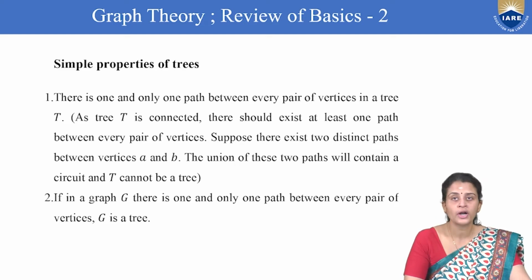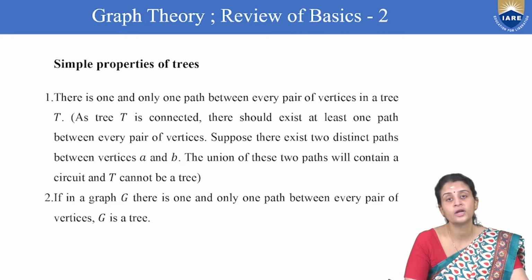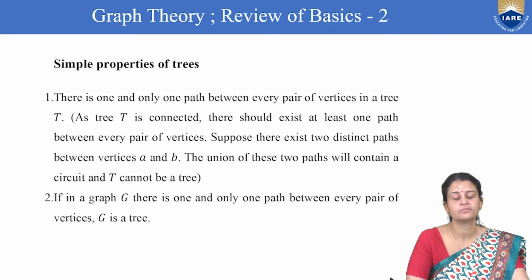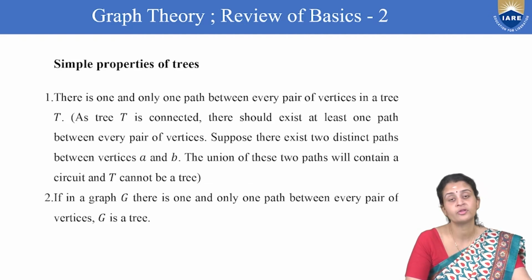There is one and only one path between every pair of vertices in a tree. As a tree is a connected graph, there should exist at least one path between every pair of vertices. I think I have told you what a connected graph and a disconnected graph are. A graph is said to be connected if there exists at least one path between every pair of distinct vertices.